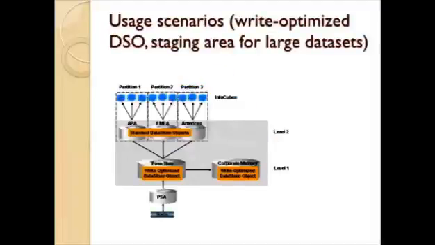The second type of DSOs are write optimized. The usage scenario is that it is normally used as a staging area when we have large data sets that we want to provide into a data warehouse. As the name implies, it is write optimized so that we can get large amounts of data into the data warehouse quickly.